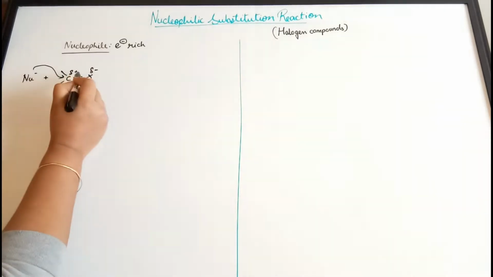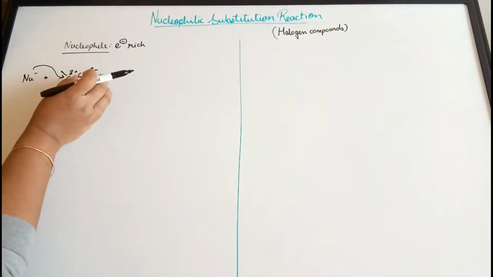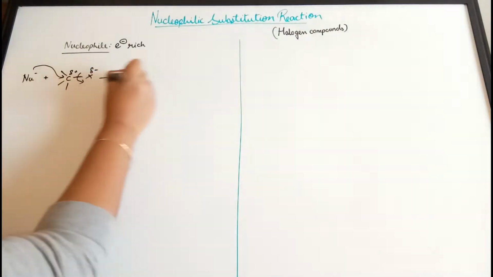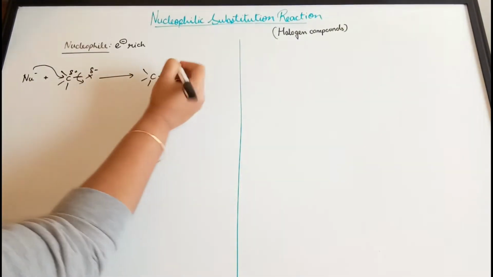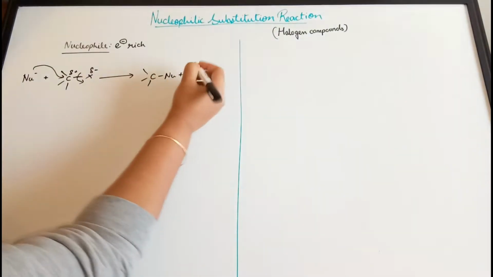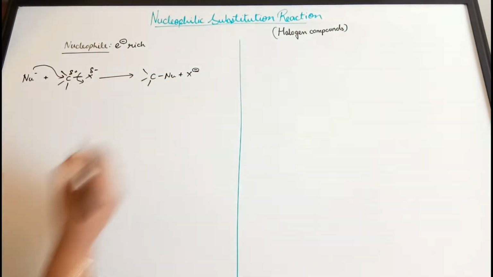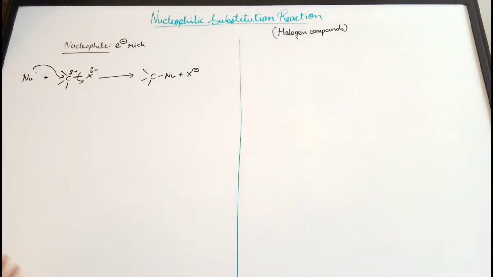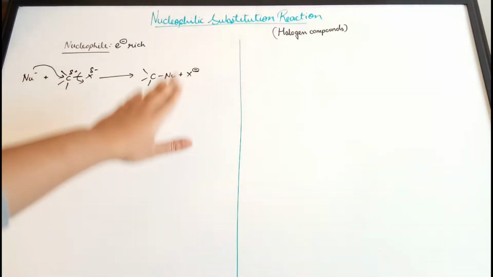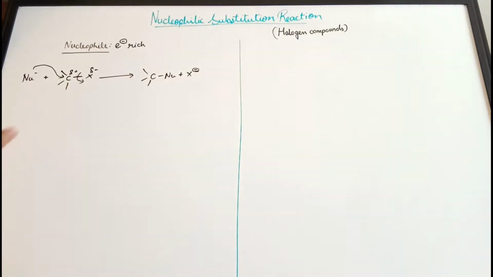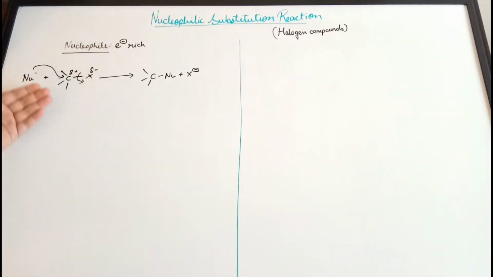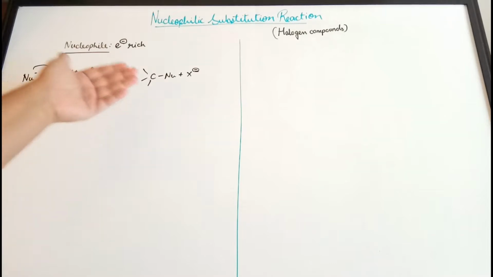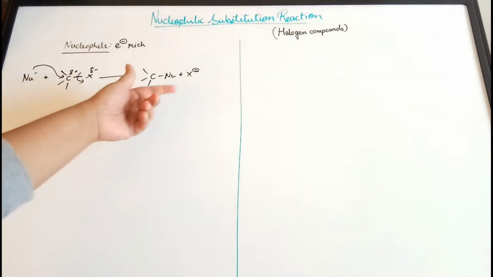And what will happen? This bond will break, the X will get kicked out, and you have the halogen replaced by the nucleophile. So that's about it. So here this is the nucleophilic substitution reaction. You have a nucleophile attacking the halogen compound, that is alkyl halide in this case, and this is leading to the replacement of the halogen with the nucleophile.